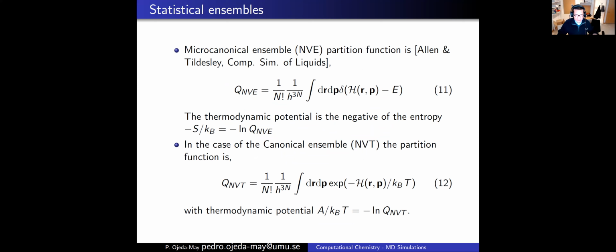So there are different types of ensembles to compute the thermodynamical properties of the system. And here there is more math. In particular, we have the microcanonical ensemble, where the number of particles, the volume, and the energy are conserved, and the canonical ensemble, where the number of particles, the volume, and the temperature are conserved.